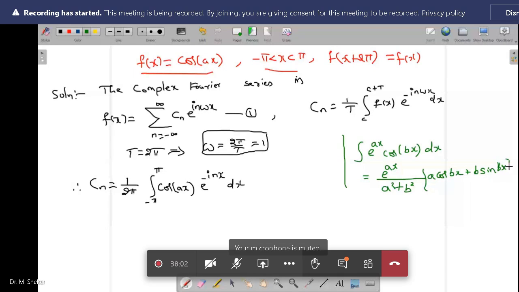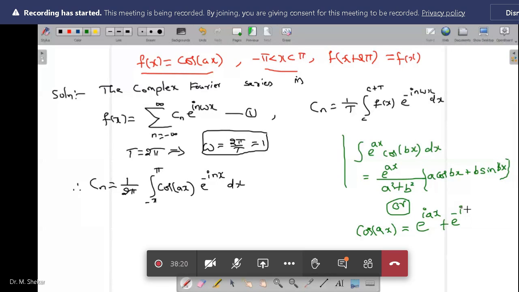If you don't remember this, you can remember cos ax in terms of exponential, right? So cos ax is e power iax plus e power minus iax, whole divided by 2. So you can use this in place of cos ax, substitute, simplify, then integrate. If you remember this result, you can directly do the integration.